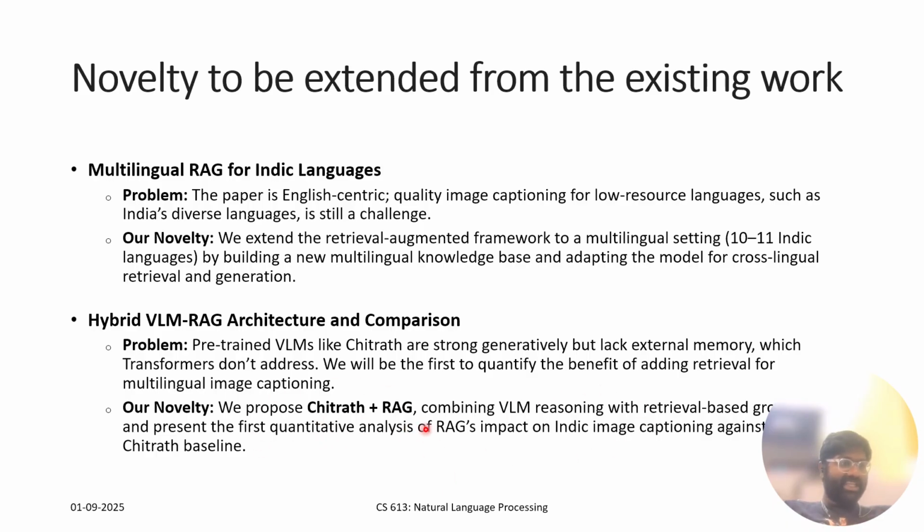So basically, this Chitrad stack combines the VLM reasoning with retrieval based grounding, and we can also present the first quantitative analysis of RAG's impact on image captioning against the Chitrad baseline.